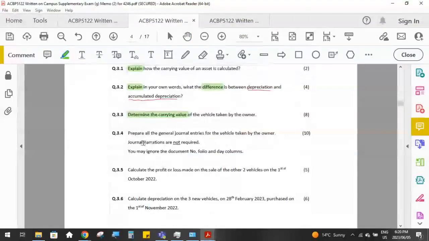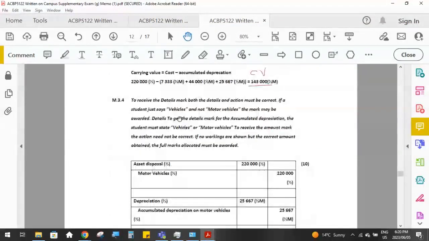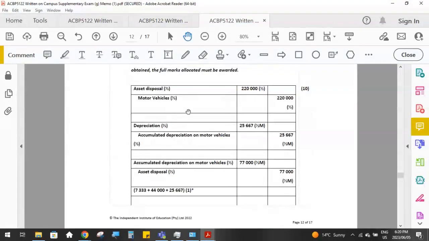Then for 3.4, prepare all of the journal entries for the vehicle taken by the owner. So again, all the entries for that, what journal entries for that? So remember, your journal entries are details, debit, credit. This column is headed details. This is your debit column.